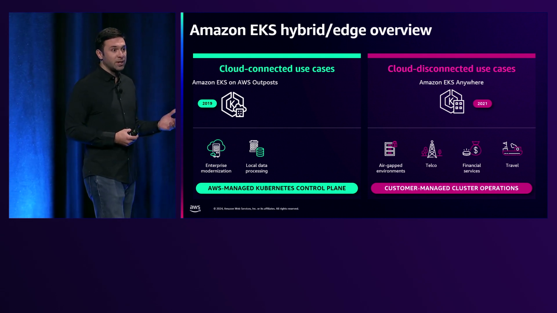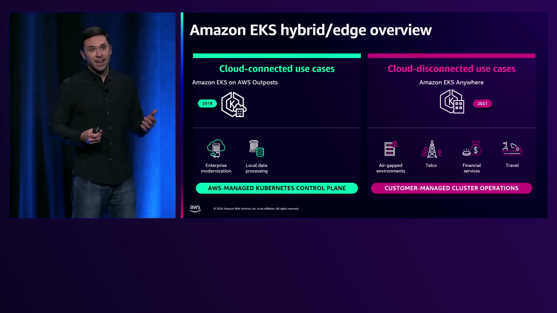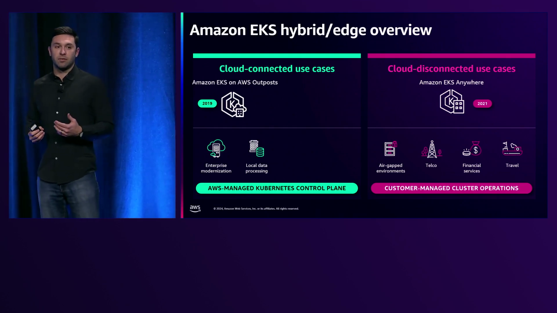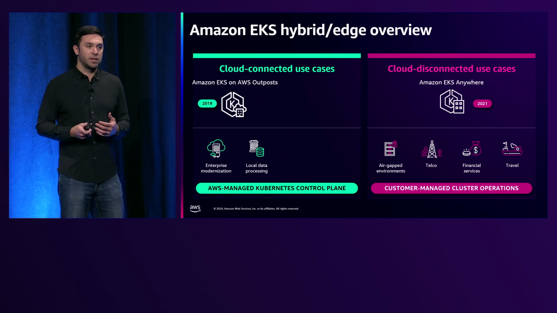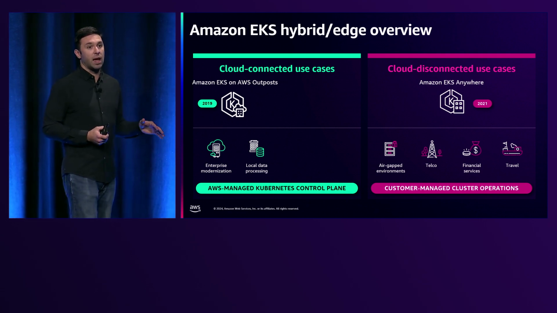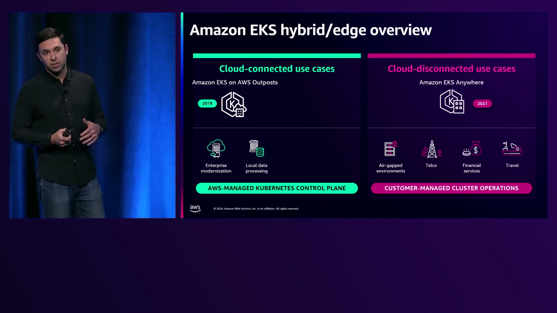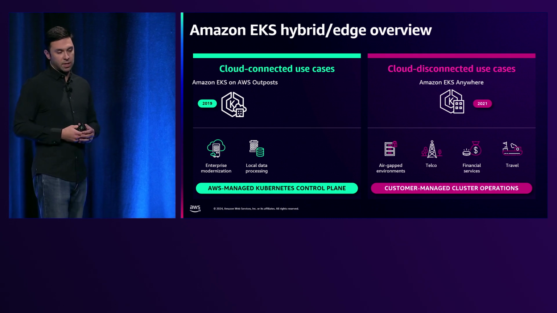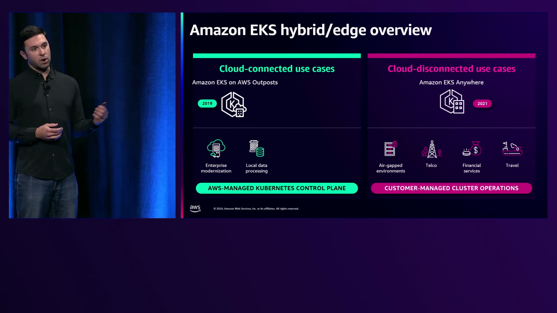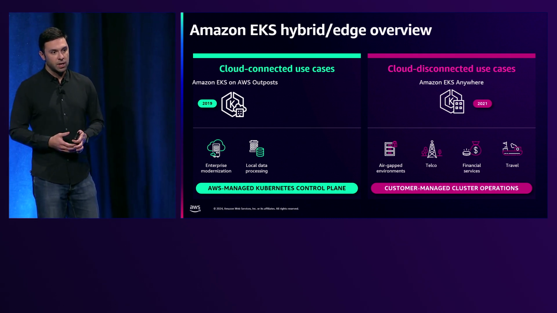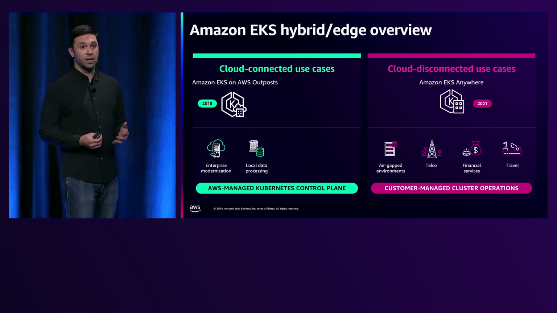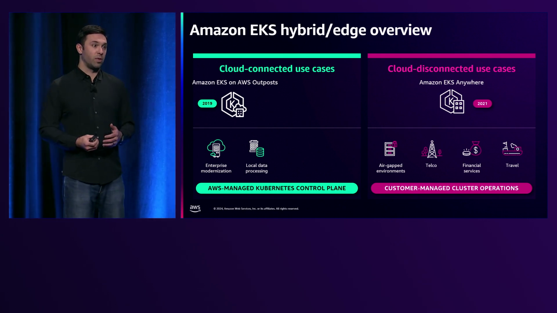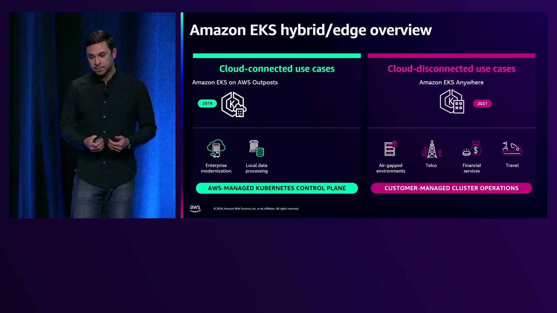But they also told us, it's great, it's a software solution though, and I still have to manage it. And so we have seen adoption of EKS Anywhere for use cases that have to run in air-gapped or disconnected environments. Some examples of those are telco use cases running on bare metal at the far edge, or financial services use cases that have very strict networking requirements for their on-premises networking.